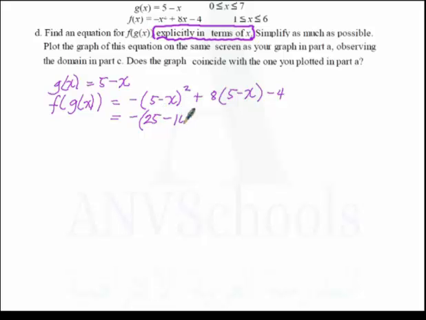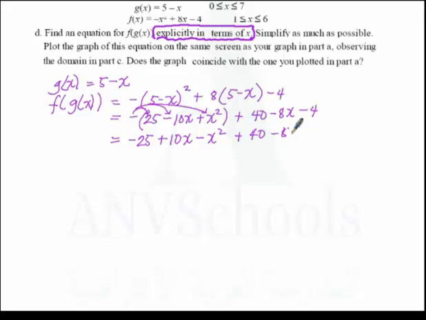25 minus 10x plus x squared, plus 40 minus 8x minus 4, and that will give us negative 25, plus, distributing our negatives to all parts of the expression, plus 10x minus x squared plus 40 minus 8x minus 4.